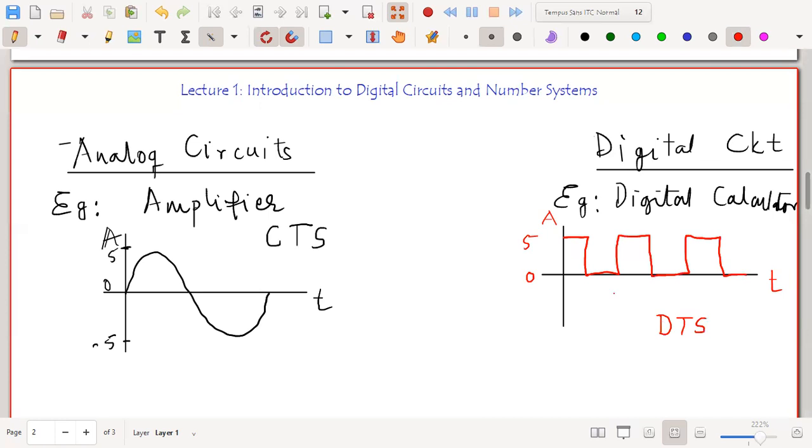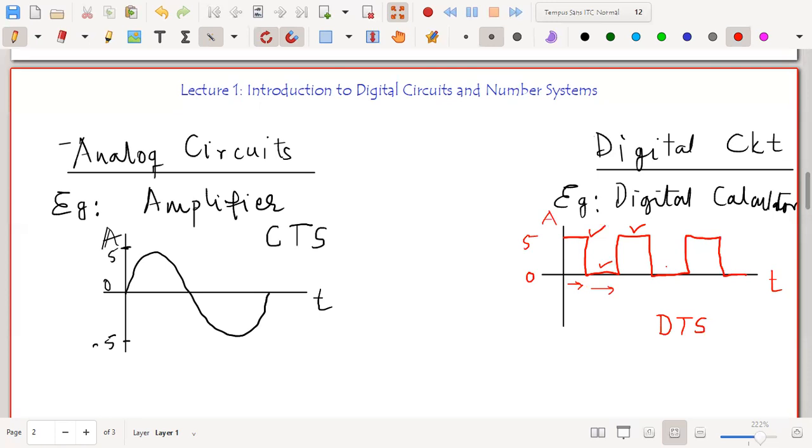Now the word discrete itself says that the values are not continuous. For example, at this particular instant, the value of this signal is 0. Then if you move further along the time axis, the value goes from 0 to 5 volt immediately. Moving further along the x-axis, you can notice that the values are either plus 5 volt or 0 volt.